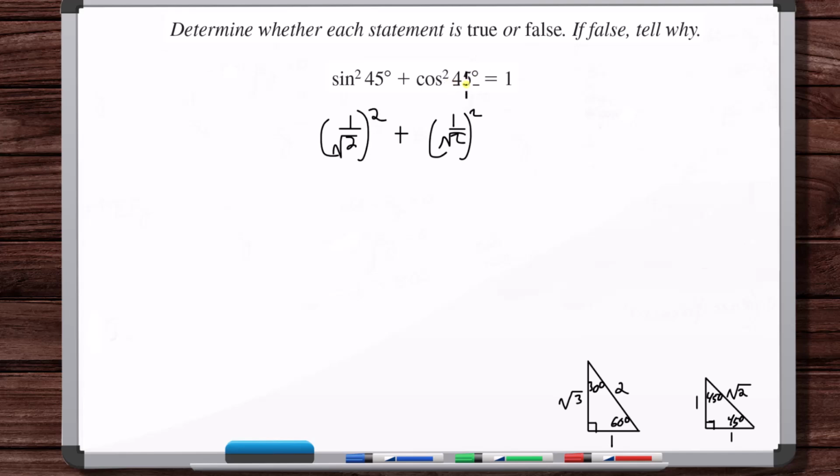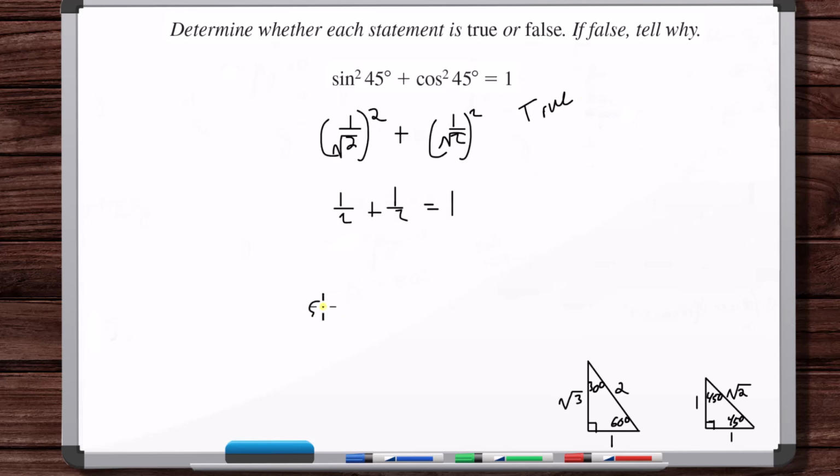It's not just for acute angles. It's valid for any angle, as sine and cosine exist for all angles. So for all real numbers, sine squared of theta plus cosine squared of theta is equal to 1. So we didn't even have to do this. This is going to be true, but we can finish this. So that's 1 over 2 plus 1 over 2 is equal to 1. True.